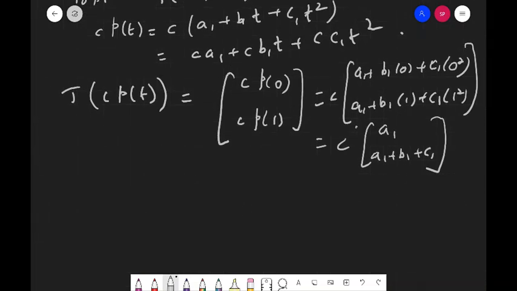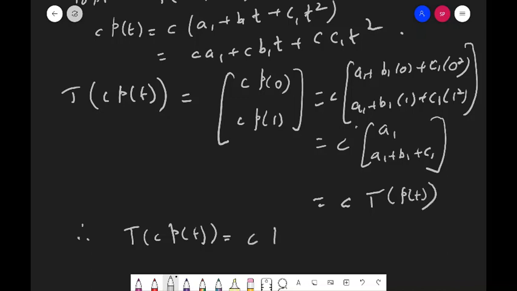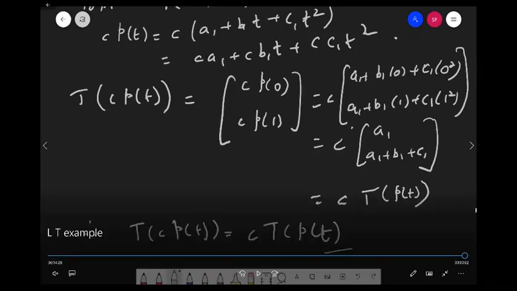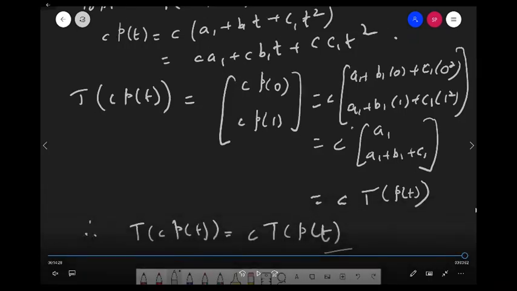So this is nothing but c into T of P of t. Therefore, T of c P of t is equal to c into T of P of t. Hence, by these two conditions, we can say that T is a linear transformation.